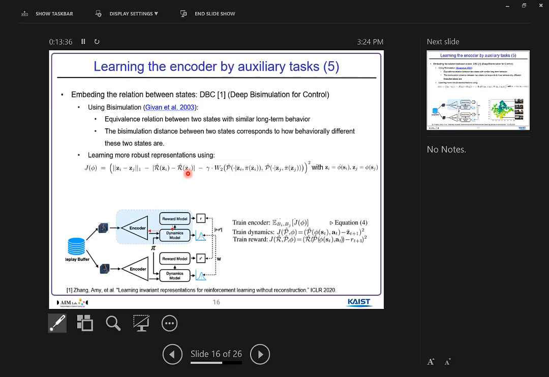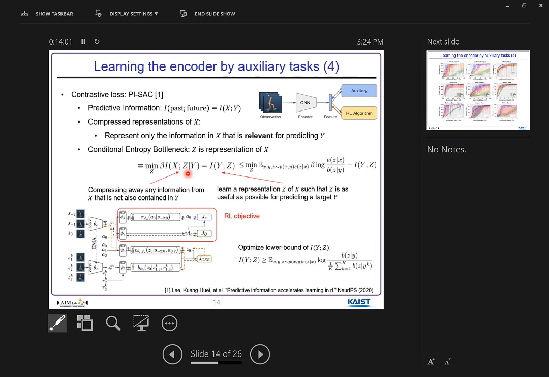Okay, so the next paper also proposes another way for the auxiliary task, but in a different way. All the previous papers I presented learn a representation that performs an auxiliary task. It means that the feature here should be used to minimize some task loss.